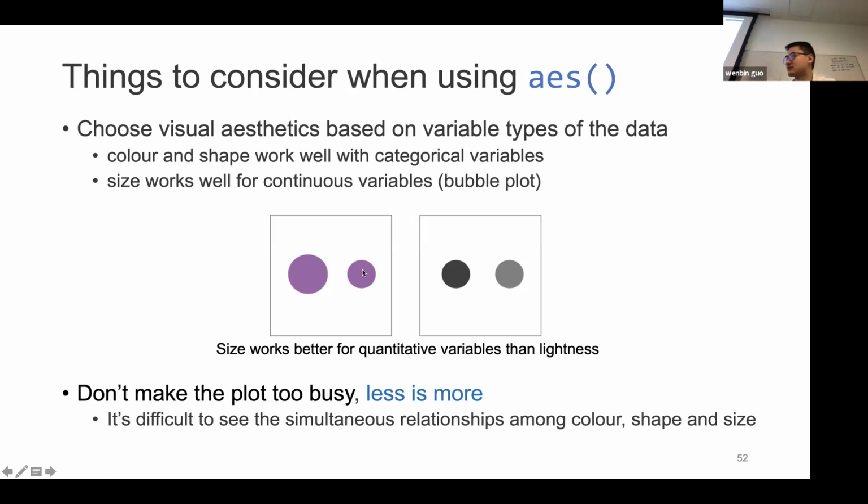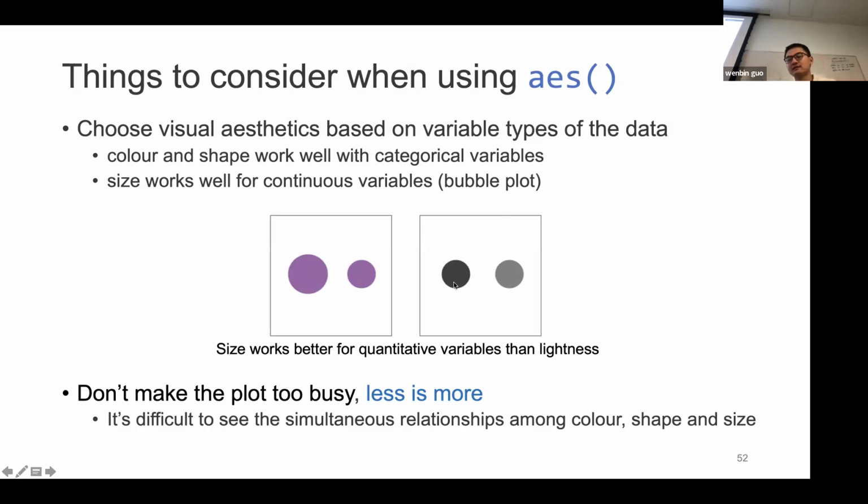Just showing an example here, in the left panel we map the continuous variable to the size. And we can clearly see that the left-hand side circle is probably twice the size in area of the right-hand side one. But for the right part, we cannot tell.